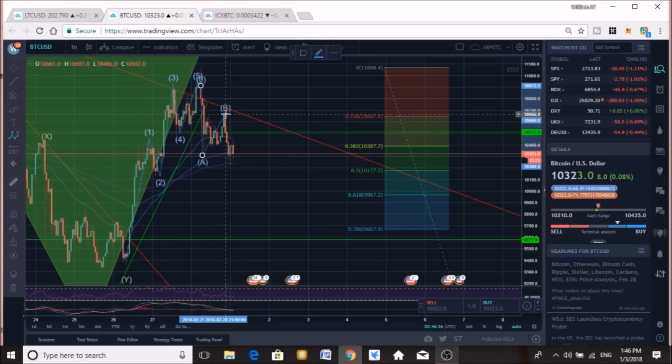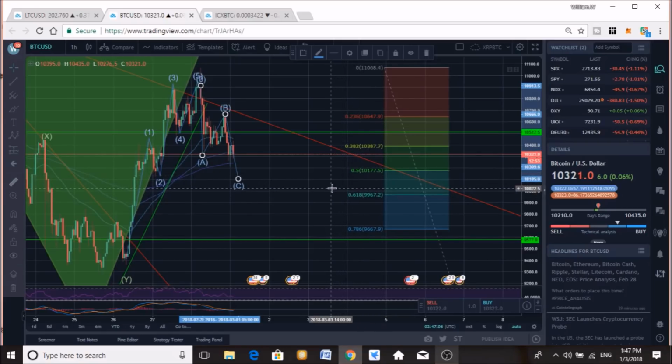A, B, and currently I think we are in the middle of the C. And this C, in my opinion, would be between the 0.5 and 0.618 Fibonacci level, between 9,900 to around 10,200.